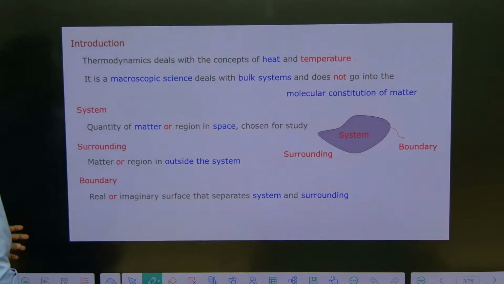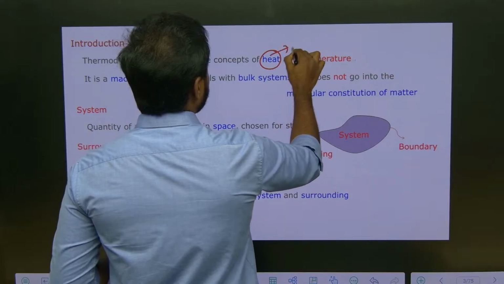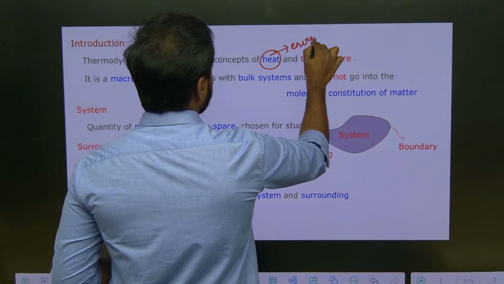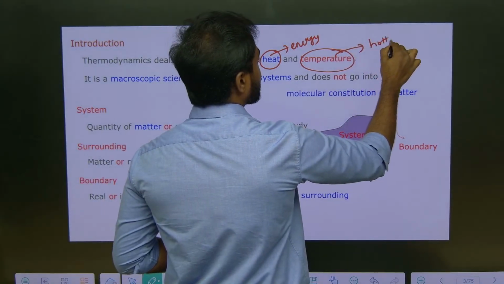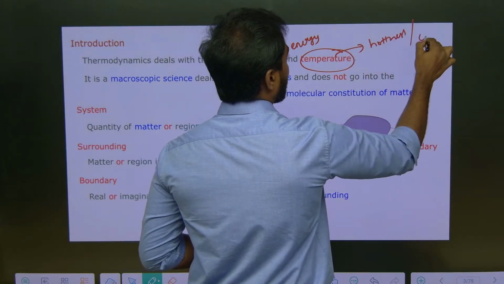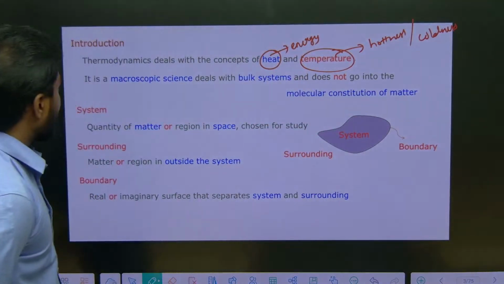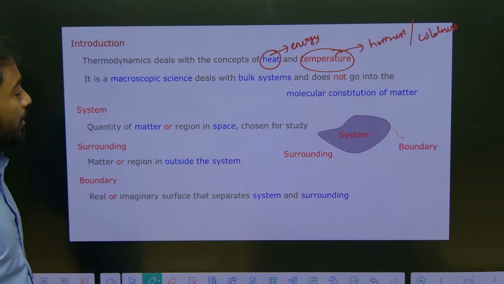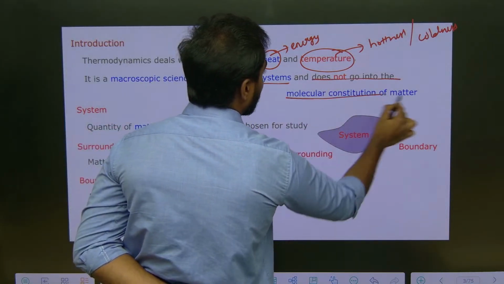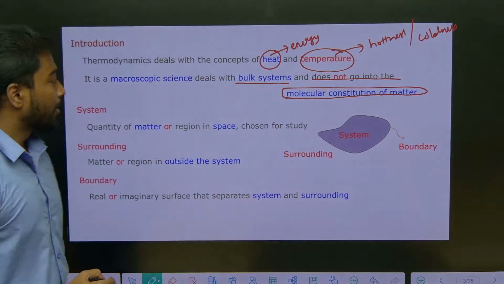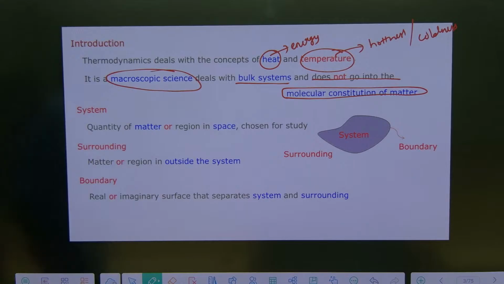Heat is a form of energy, and temperature gives the hotness or coldness of a body. Thermodynamics is a macroscopic science that deals with bulk systems and does not go into the molecular constituents of matter.